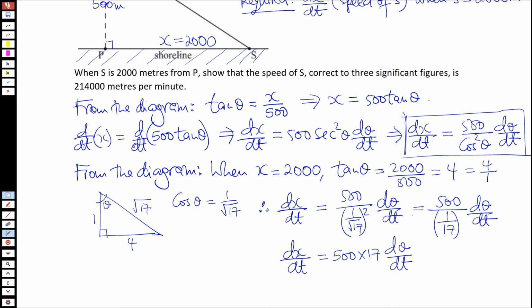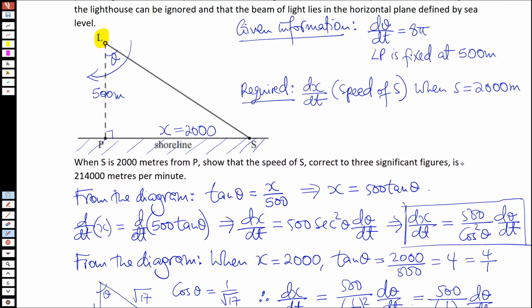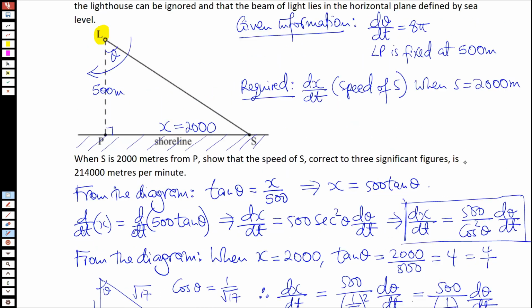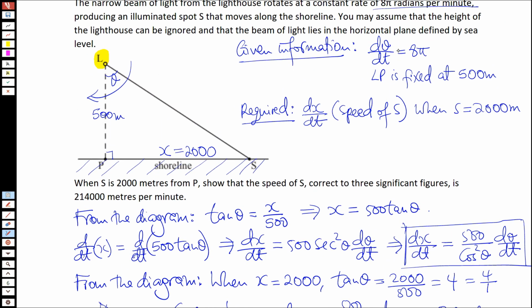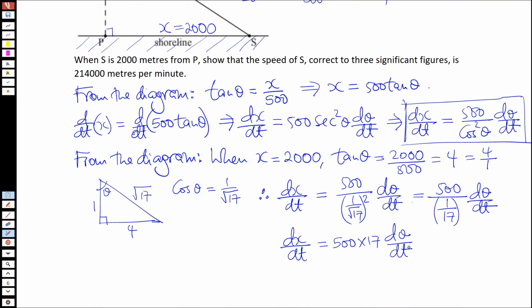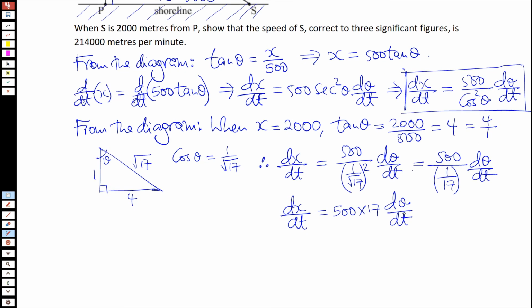And by the way, d theta over dt is given in the question, because you're trying to find dx over dt. So d theta over dt is 8 pi, and we'll plug 8 pi here.